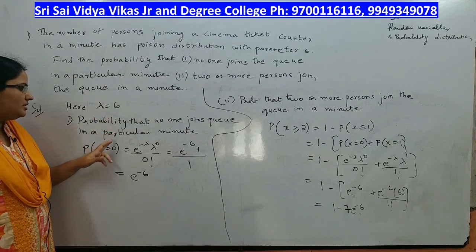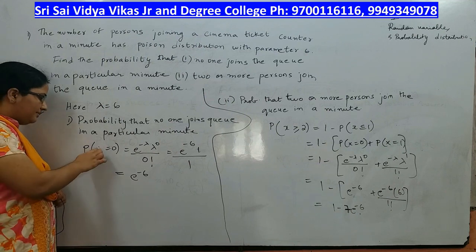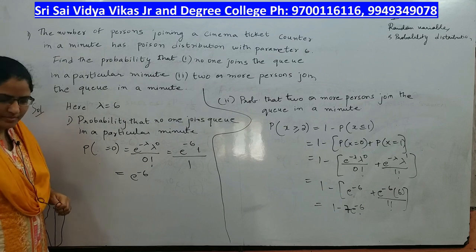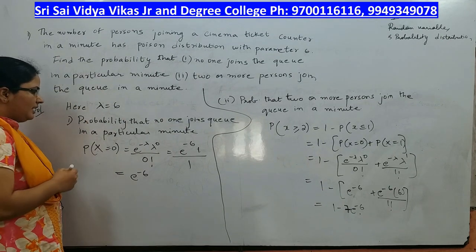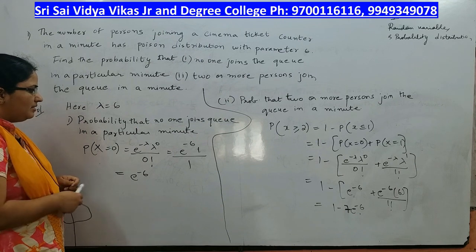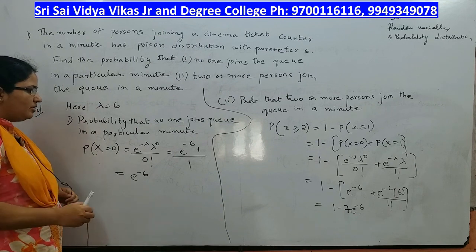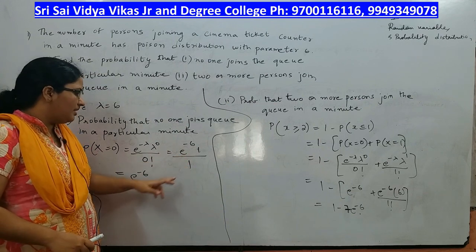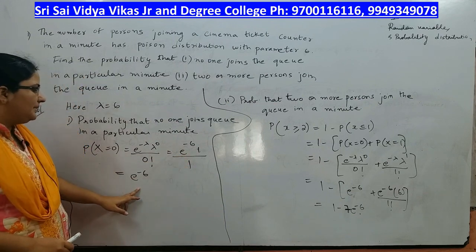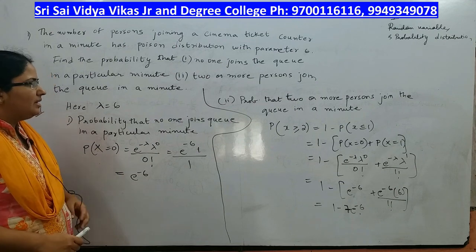Probability that no one joins the queue, P of x equal to 0, is e^(-lambda) lambda^0 by 0 factorial, that is e^(-6) times 1 by 1, which is e^(-6).